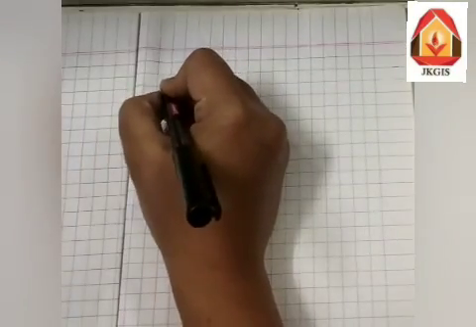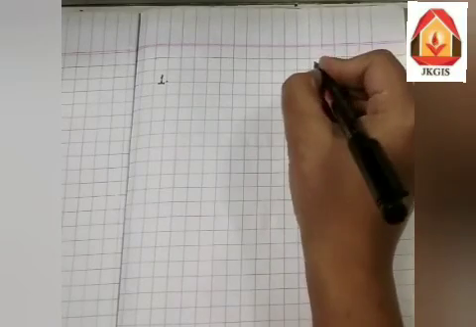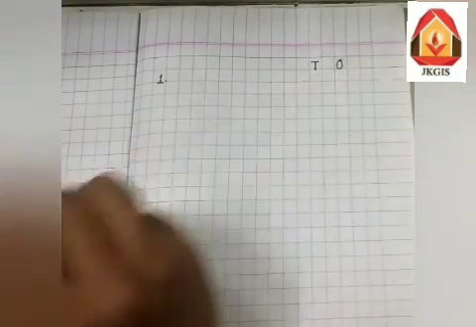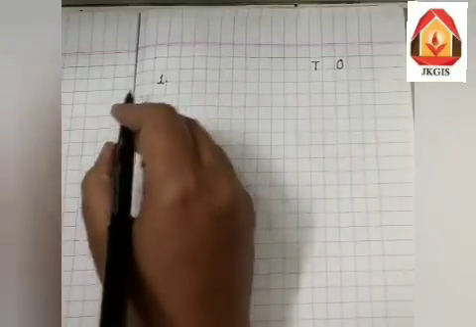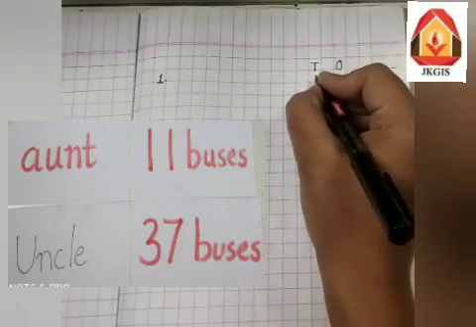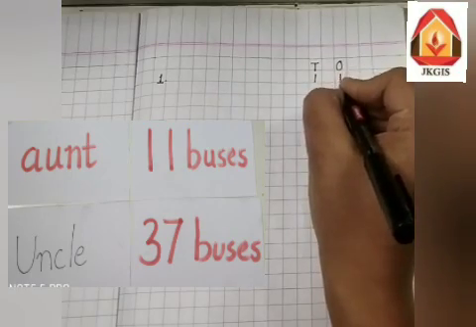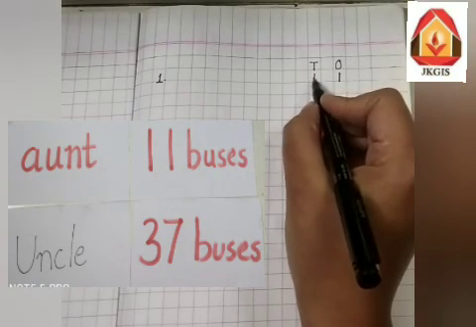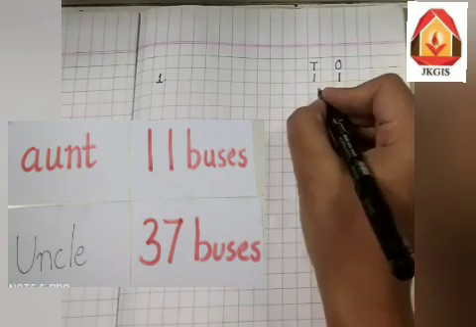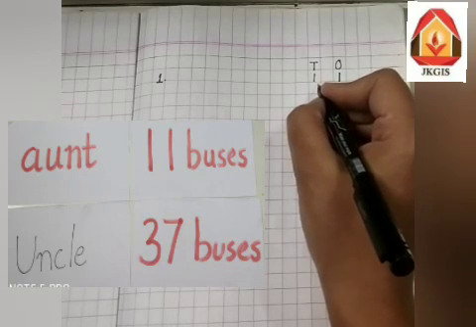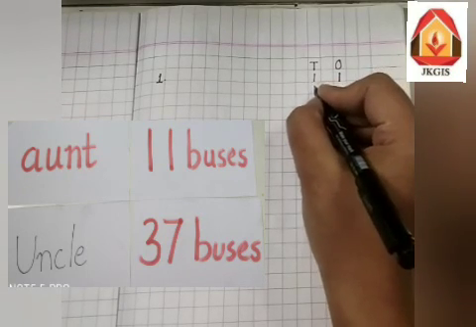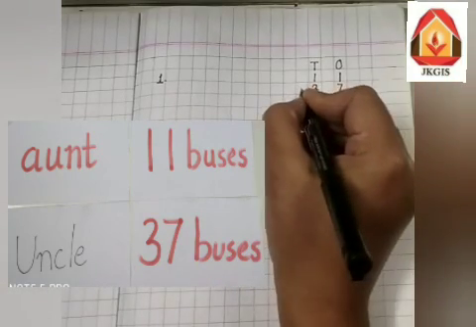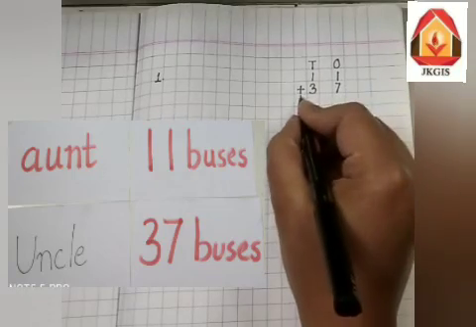First, we will put number 1, and here we will put tens, and here ones. So, aunt has 11 buses. We will write here 11, 1 ten and 1 one. After that, uncle has 37 buses. What do we have to do? We have to find out the total.